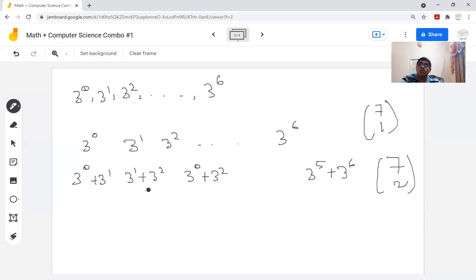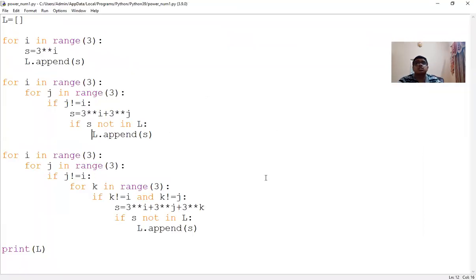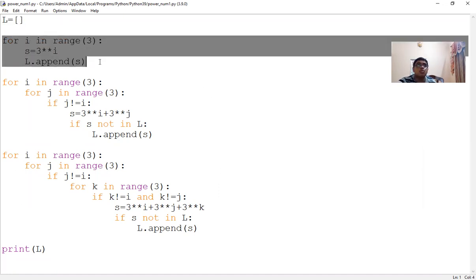How? Try using programming. So I would be showing you my Python code of what I try to do with explanation. So here it is. First, I'm initializing this particular list. It's an empty list. Now, what is this for loop doing?